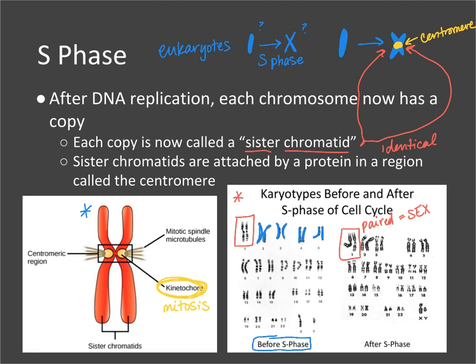Now, after the S phase, remember that during the S phase you've got your DNA replication occurring. And so for the bar-shaped chromosome, a copy has been made and connected to it. So these chromosomes have more of an X-like shape to them. And you can see that really well down here if you look at chromosome number 20. You can see that really characteristic X shape versus number 20 over here, which is just showing you two lines.